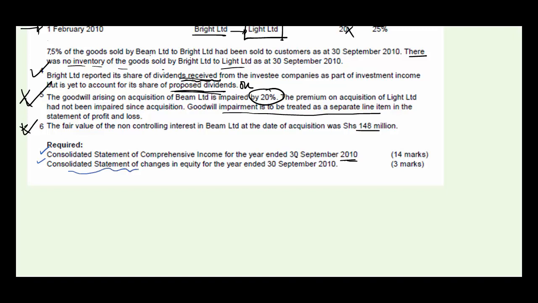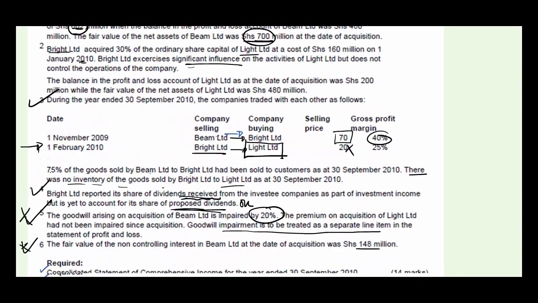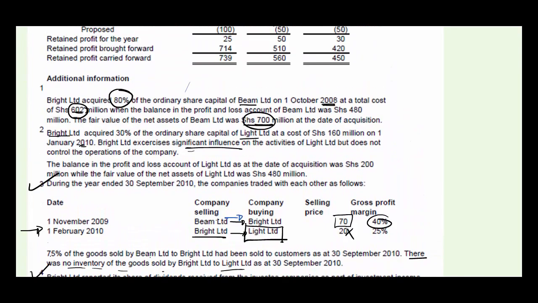It's asking for us to prepare the consolidated statement of changes in equity. Now, we don't have all aspects of equity. We don't have share capital, share premium, the like. The only things we have are the retained earnings and the NCI. So those are the only ones that we shall be able to draw for.